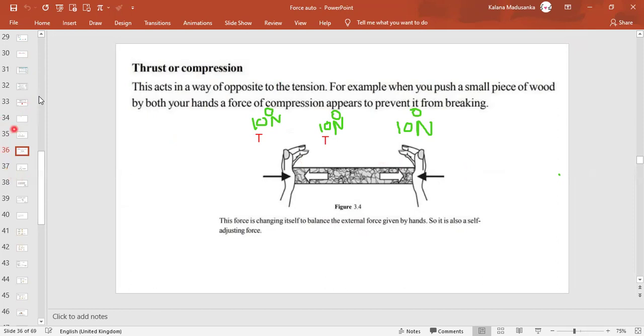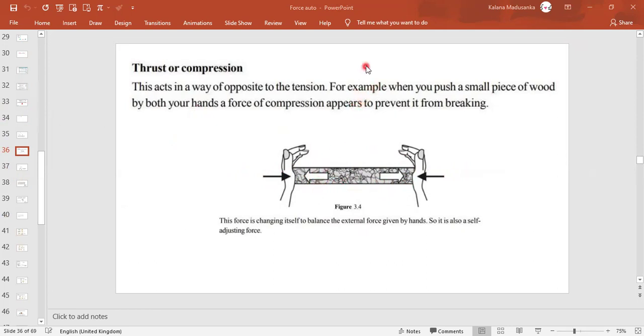As you can see in this figure, this acts in a way opposite to the tension. Now both hands are compressing the object, right? According to that, these two compression forces come to exist.